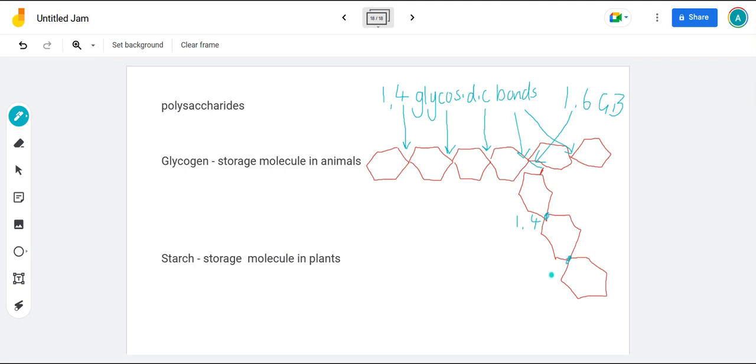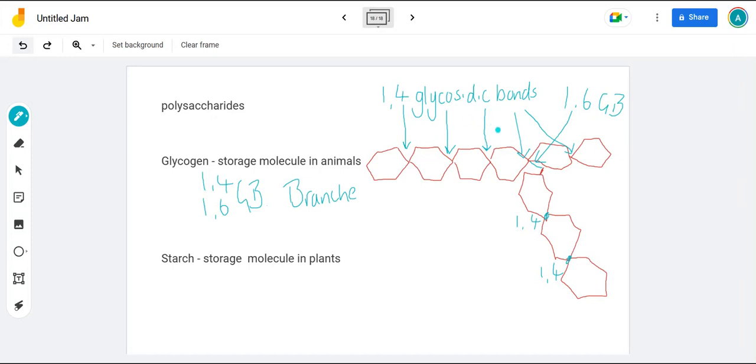This one here is going to be a 1,4. But where the join meets for a branch, that's a 1,6. So you need to be specific that glycogen contains 1,4, 1,6 glycosidic bonds because it's branched. Okay, and that is really, really important.